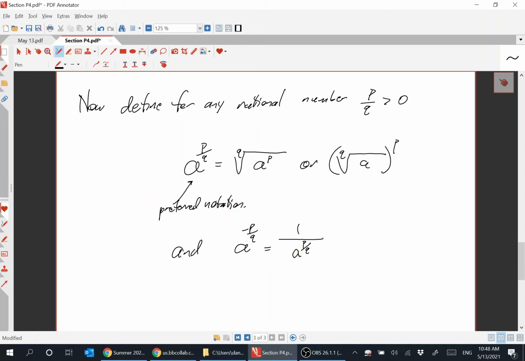And now all of those identities that worked with integer exponents, they still work with rational exponents.